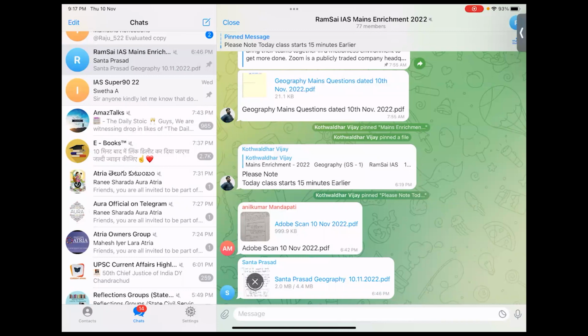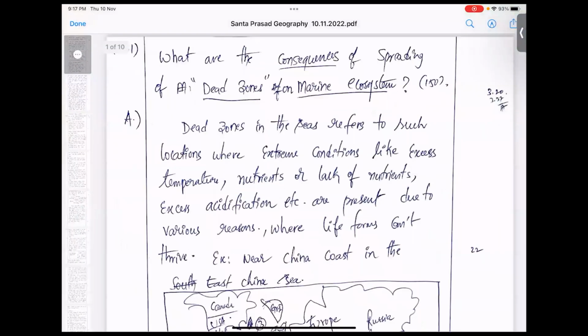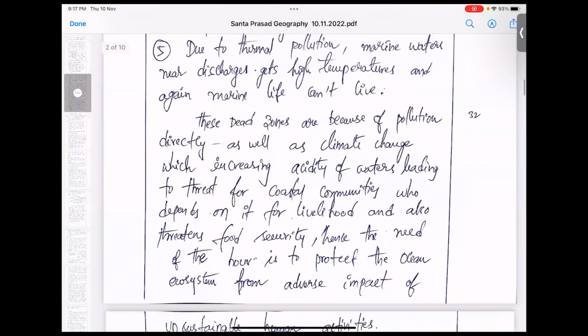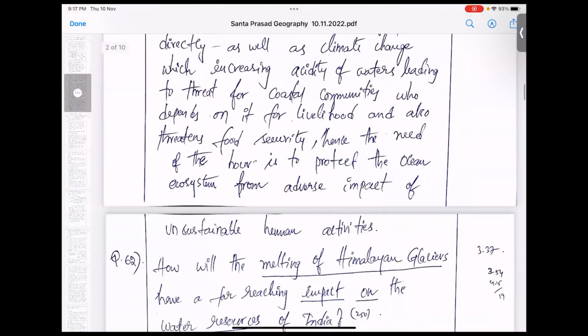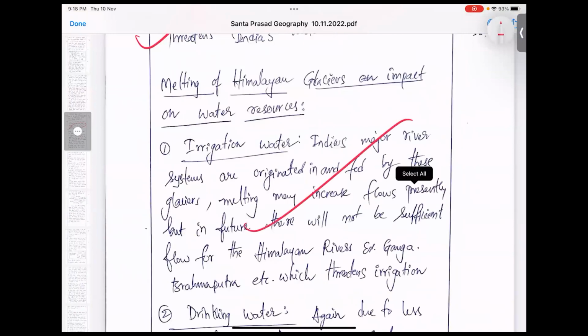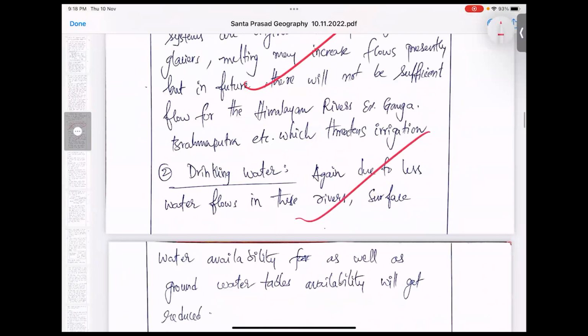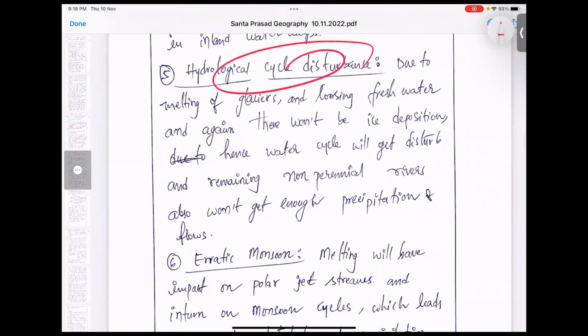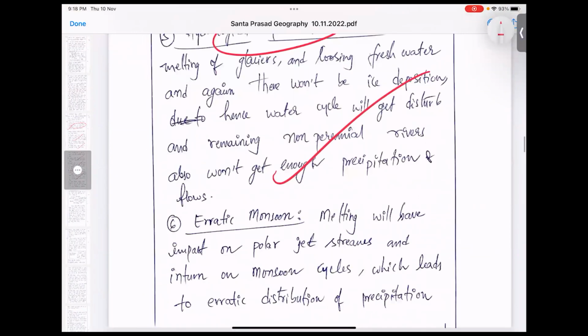Yes, sir. Good. Irrigation water, drinking water, industrial water, navigation water, erratic monsoon.